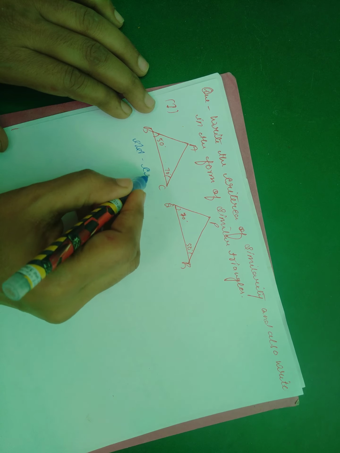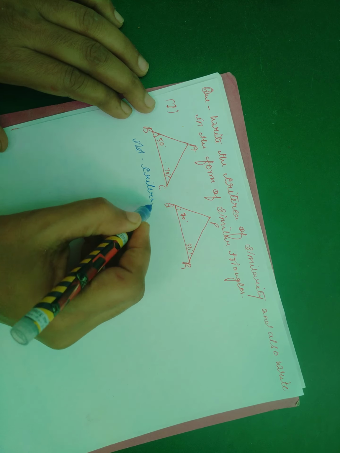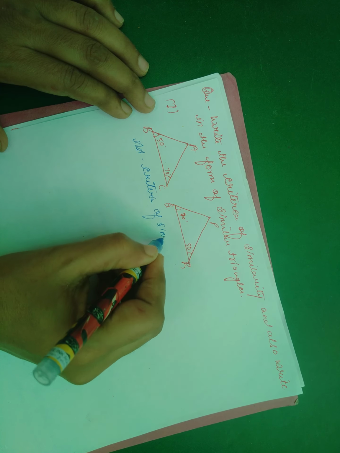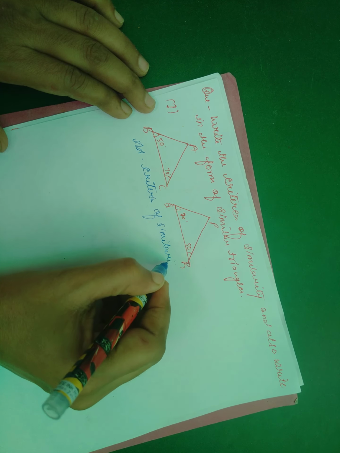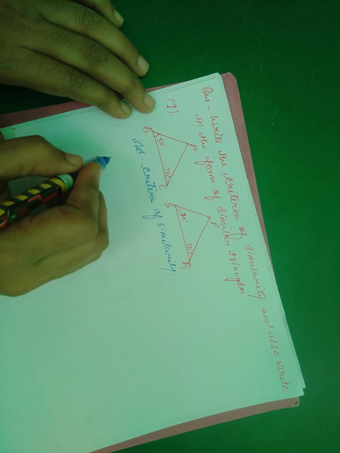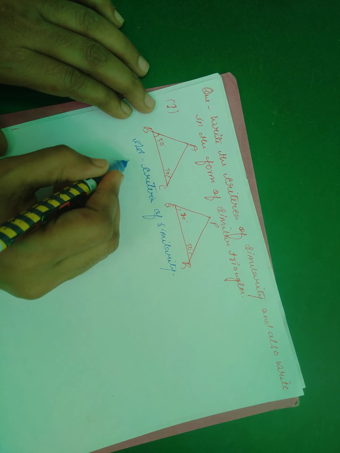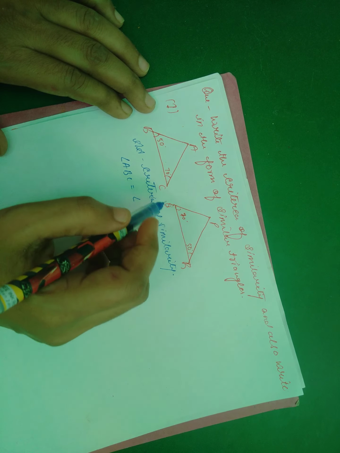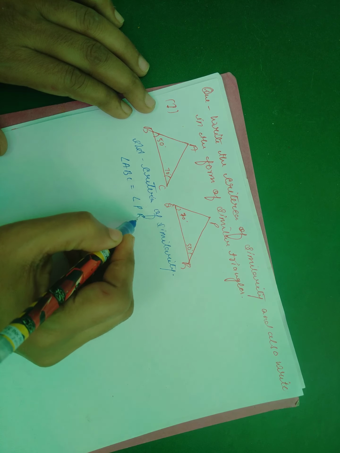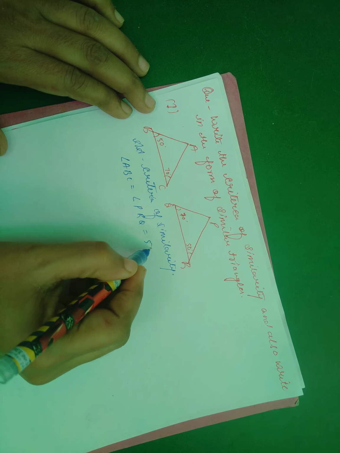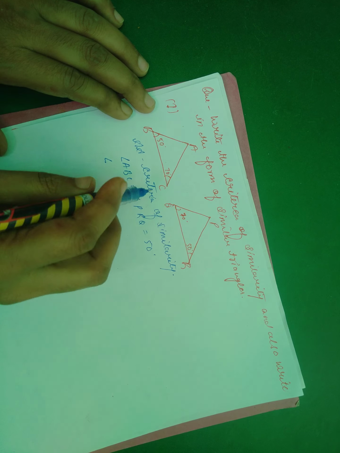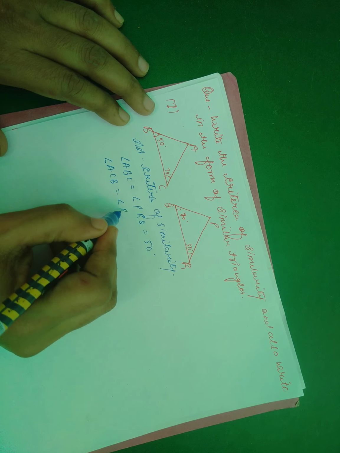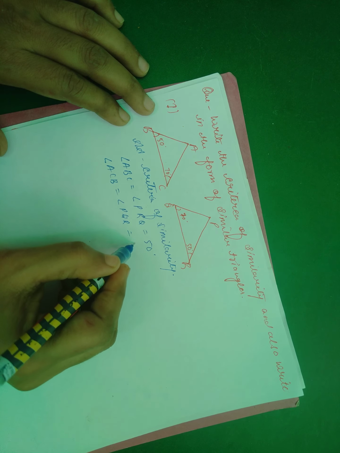So AA criteria of similarity, and we can write angle ABC is equal to angle PRQ, which is equal to 50 degrees, and angle ACB is equal to angle PQR, which is 70 degrees.